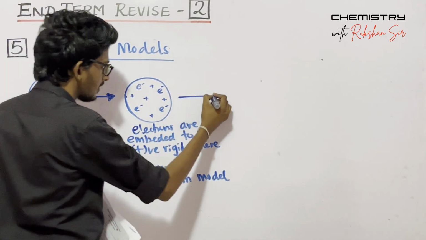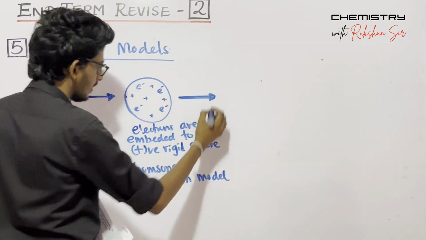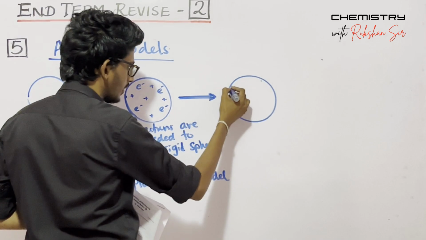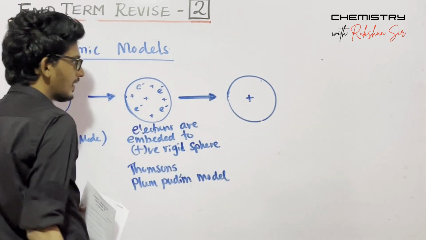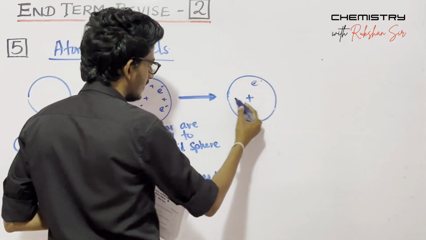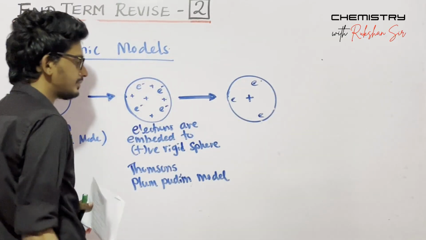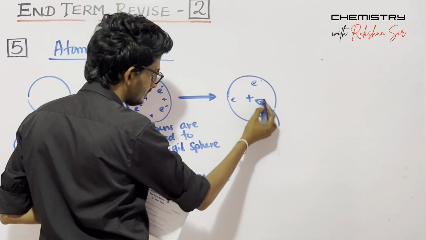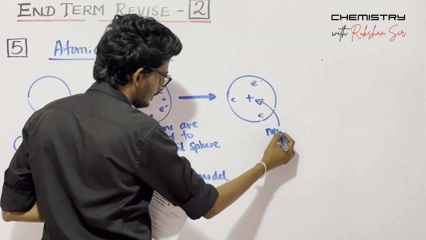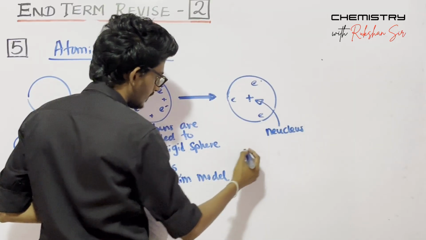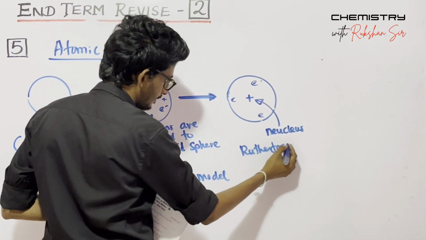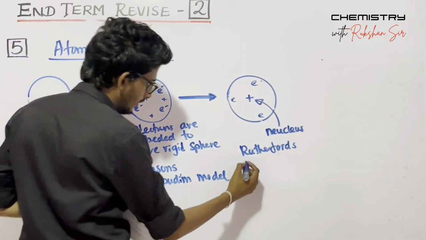Then next came Rutherford's model, which is the first nuclear model, right? It came up with a nucleus, and electrons are here and there around the nucleus. So this is Rutherford's nuclear model.